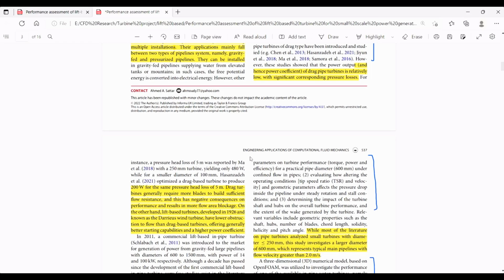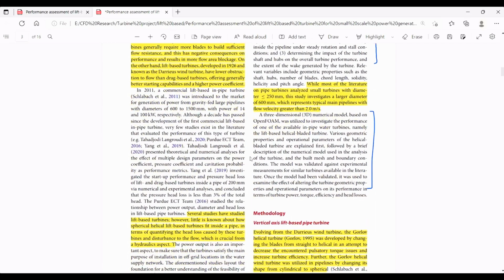And a particularly widely used and popular lift based turbine is the Darrieus one, and these turbines have lower obstructions to the flow than the drag based ones, and they have in general better starting capabilities and a higher power coefficient.